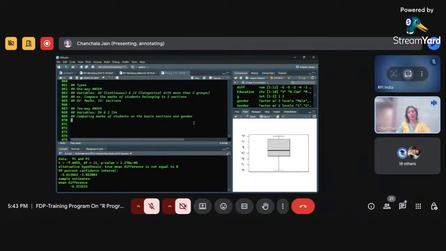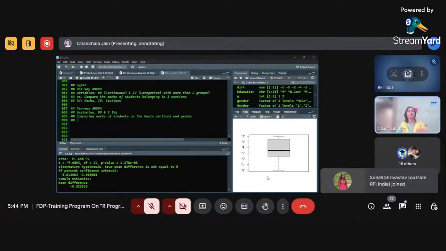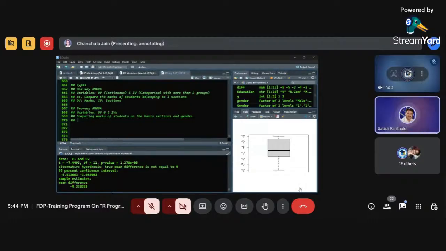What will be the variables here, anyone? Anyone else? Please tell me. Madam, the variables are marks, sections, and the students.